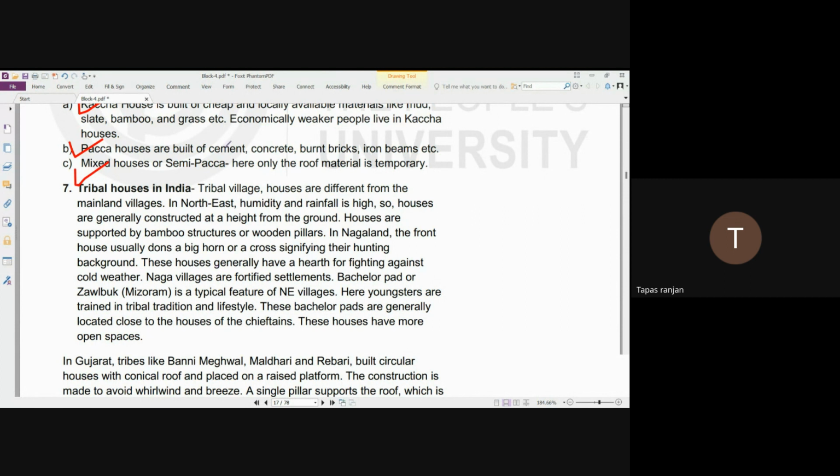In the Northeast, they used bamboo structures, wooden pillars. For example, in Nagaland, in front of their houses they usually don big horns. Okay, that basically signifies their hunting background.